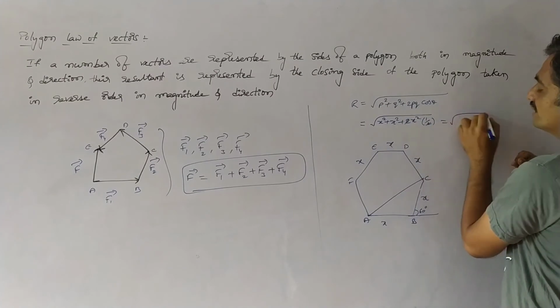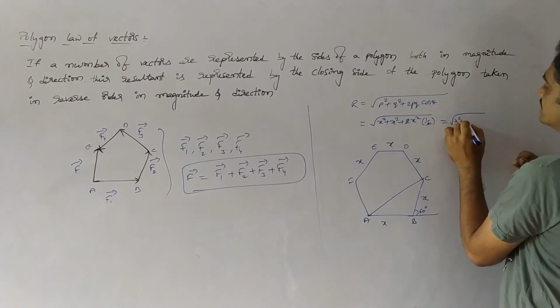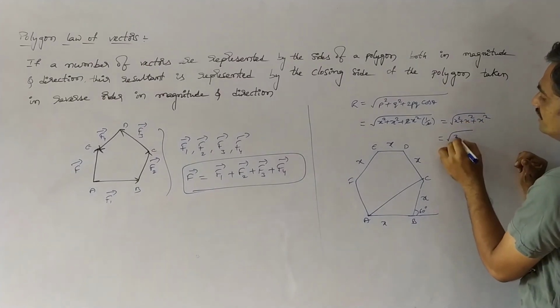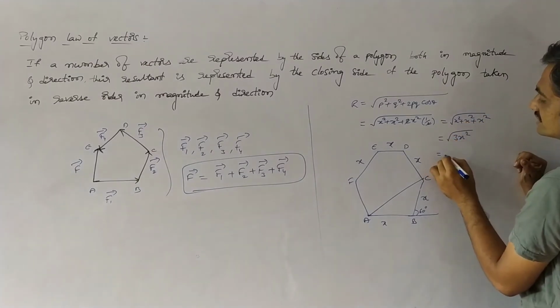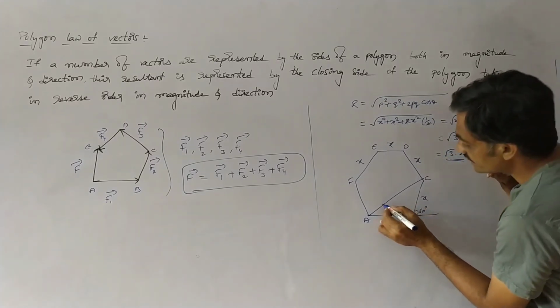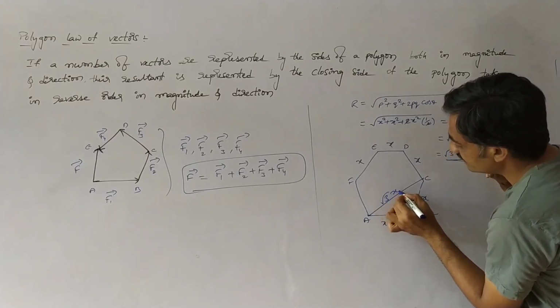So we have under root of x square plus x square plus x square, which is root of 3x square, which is root 3 x. So the resultant is root 3 x.